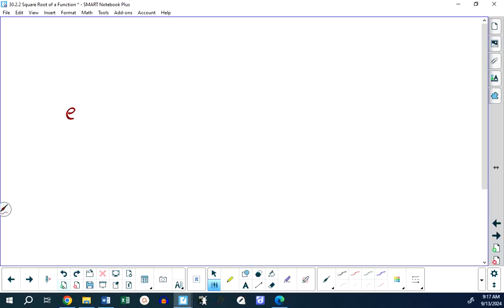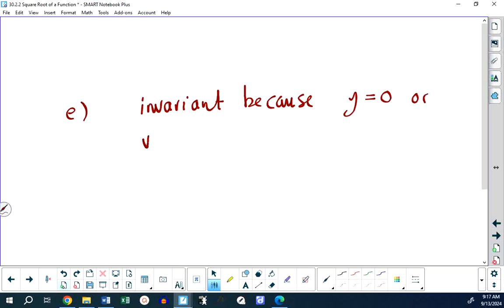For some reason I just didn't put it up here. E, they're invariant because y equals 0 or y equals 1 in those places. I don't think we need to write much more. Given the fact that I've already said you take the square root of y, the square root of 0 and the square root of 1 are going to be invariant.